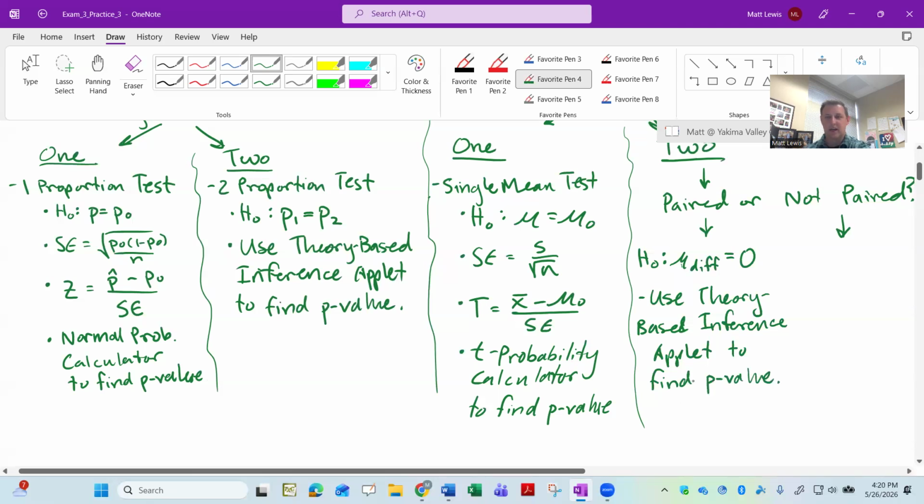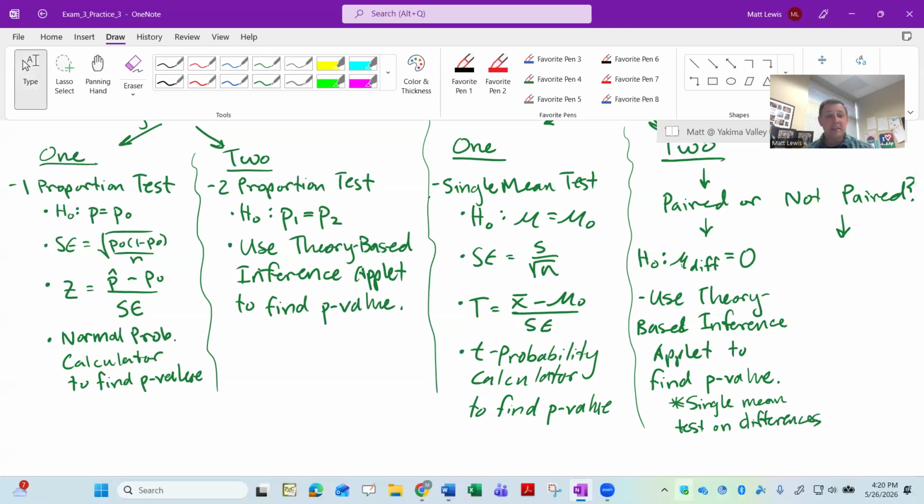But I think what's worth saying is that with this theory-based applet, you're going to do a single mean test on the differences in that theory-based applet.